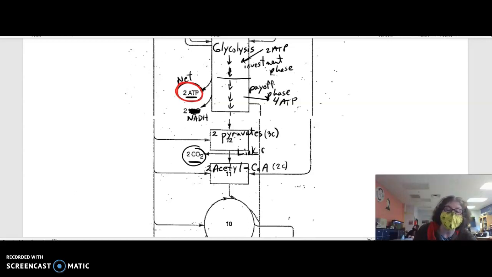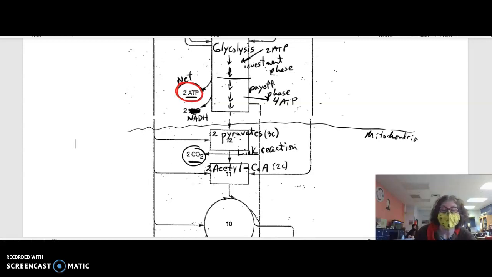This is the link reaction here. And everything from here on out is inside the mitochondria. Okay. And the other thing I will say is that if you remember, you also get 2 more NADHs here.